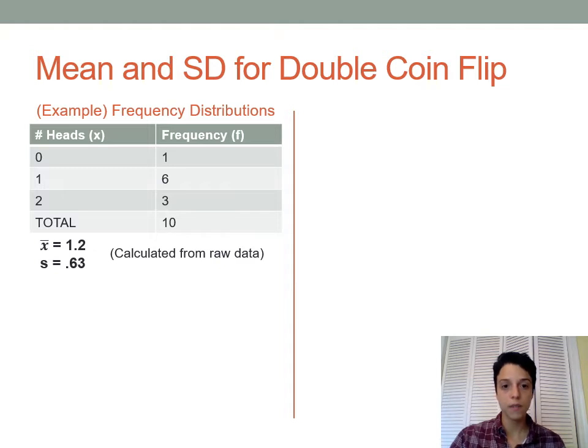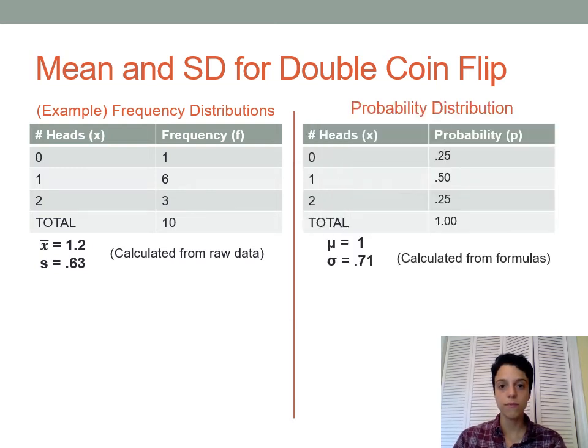I have 10 different observations, and I calculated a mean and a standard deviation for them. The average value I got from my double coin flips was 1.2, and there was a spread, an average distance from the mean for all these observations, of 0.63 away from that mean of 1.2. So that should all be familiar.